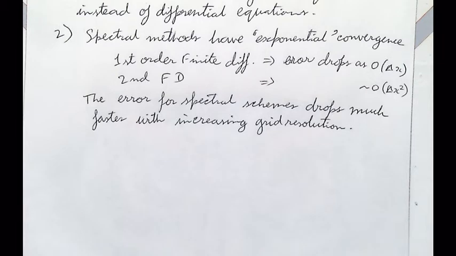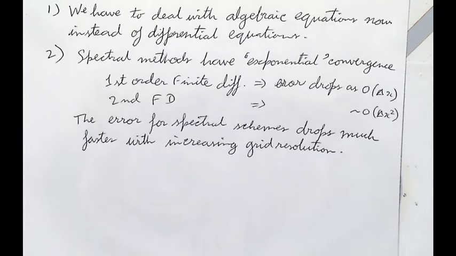Do you know what I mean? So you could use a coarser grid? Yeah, you can use a much coarser grid if you go with spectral methods and get the same accuracy. And that's a huge advantage in terms of saving computation time, saving RAM, memory. But everything comes at a price. So we will see what the disadvantages are.